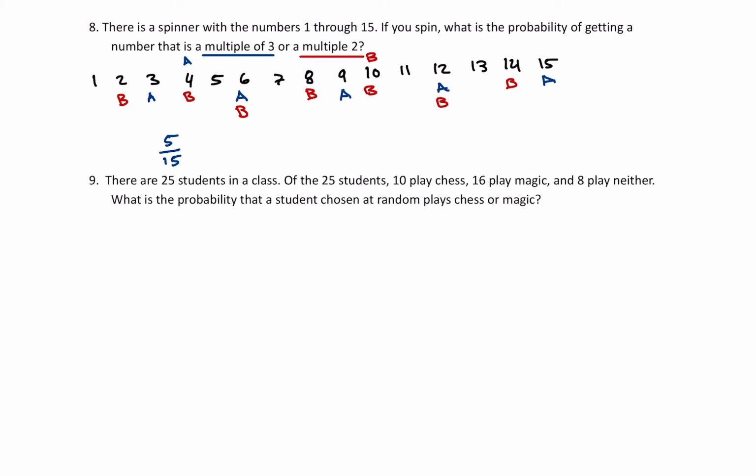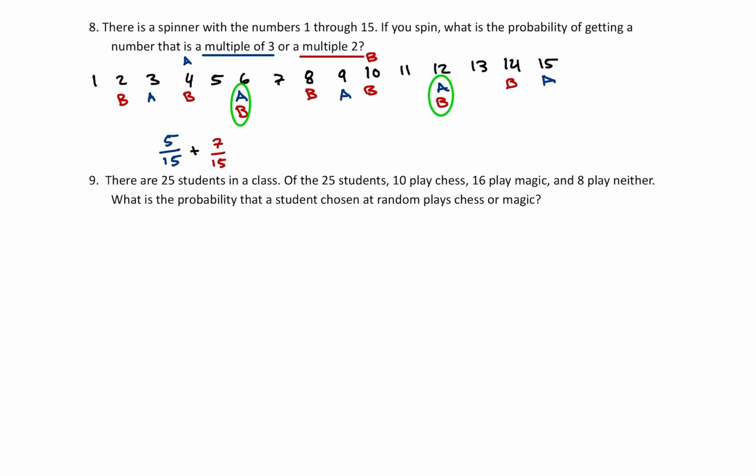Okay. I'm going to add that to the probability of B. How many B's do I have? If I count those up, I get 7 B's out of the 15. And now I have to see, are they mutually exclusive or not? Do they share anything in common? Well, 6 is a multiple of 3 and 2, and 12 is also a multiple of 3 and 2, okay?